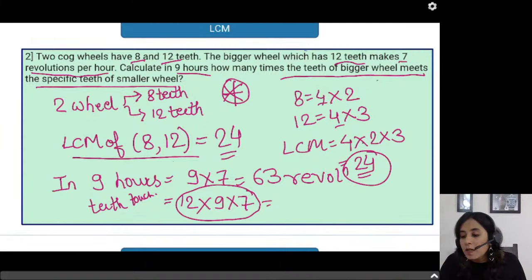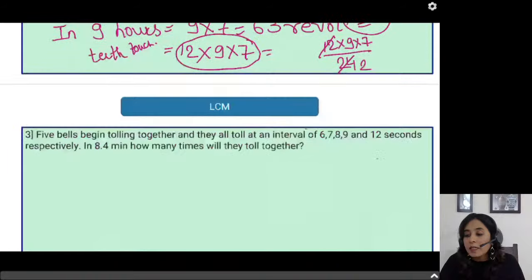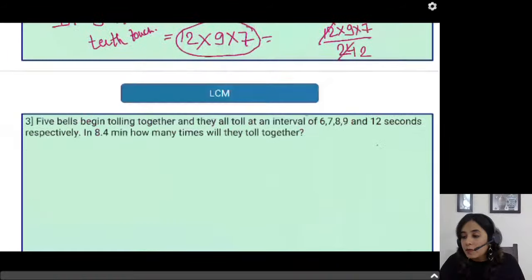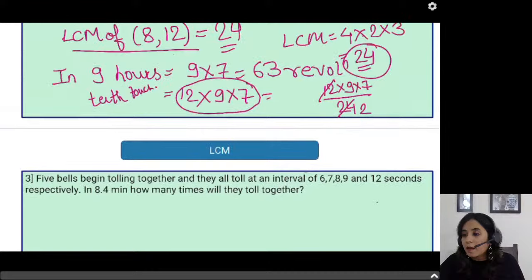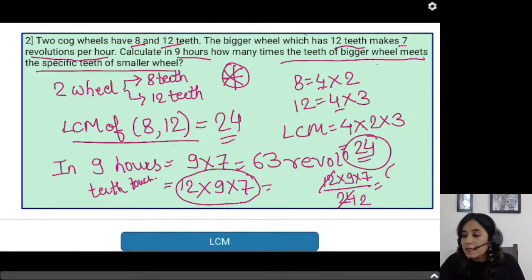So 12 into 9 into 7 divided by the LCM, which is 24, is going to give me the correct answer. So here I have 9 into 7 divided by 2. So the correct answer is 63 divided by 2.